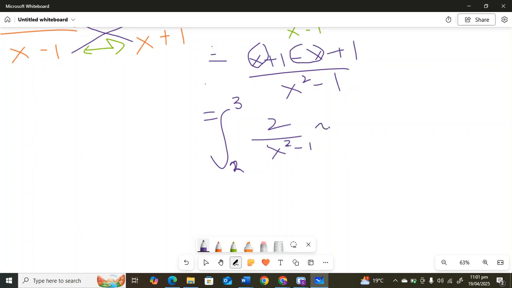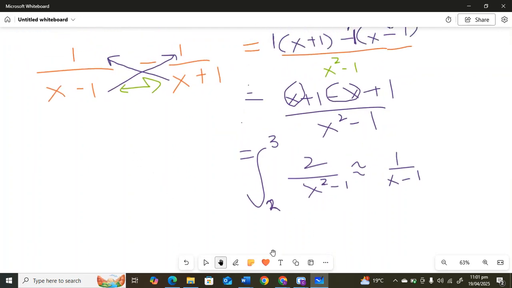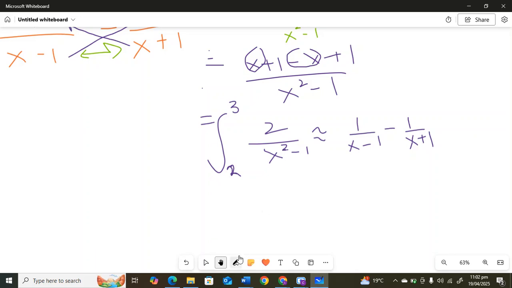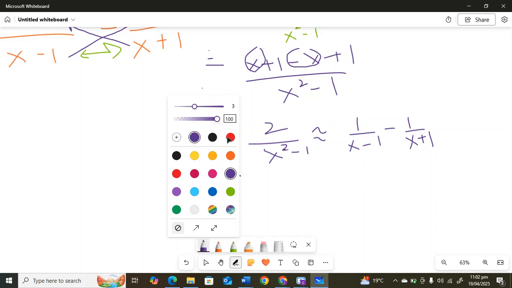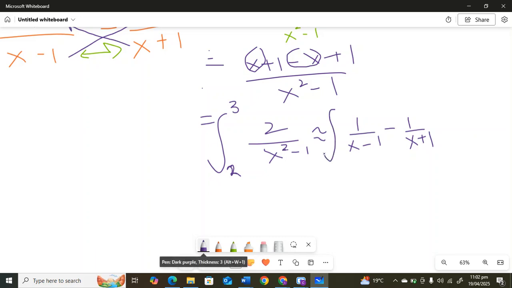What you're supposed to do is bring this same fraction back to its original components: 1 over x minus 1 minus 1 over x plus 1. Then now you can integrate.